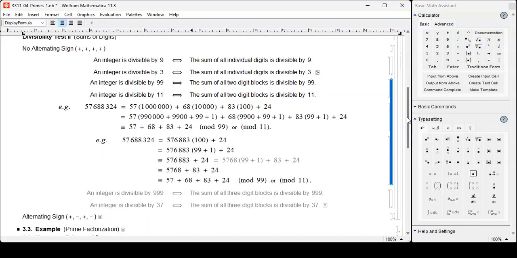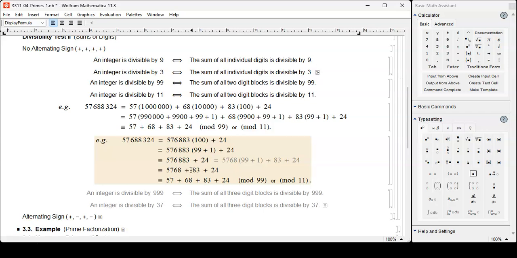We are looking at the sum of two-digit blocks starting from the end. So for example, take the last two digits, 24, out, times 100, and decompose 100 into 99 plus 1, and the 99 part is congruent to 0. So multiply by 1, the end result is 24, and then the rest.